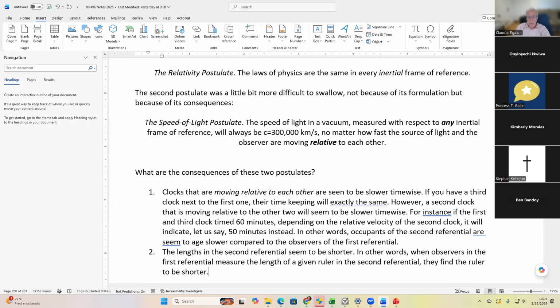But it's not just the ruler, but everybody else that they see in there. Shorter along the length of travel, along the direction of the vector velocity of referential 2.